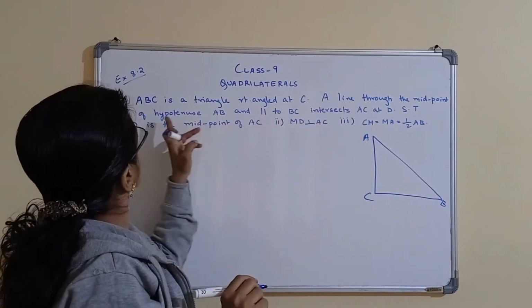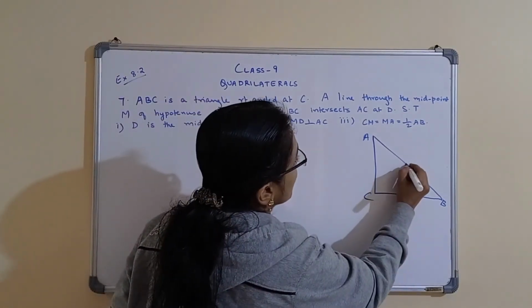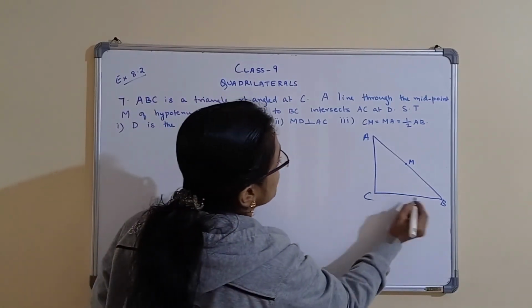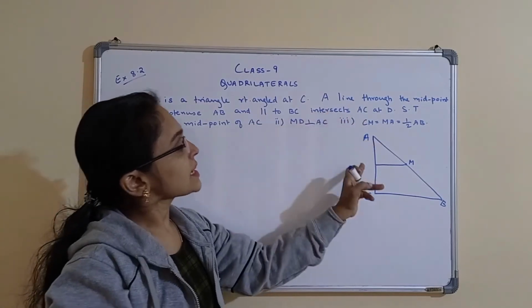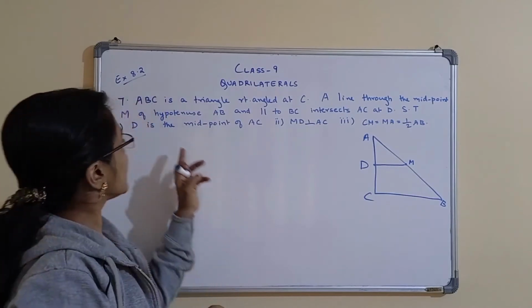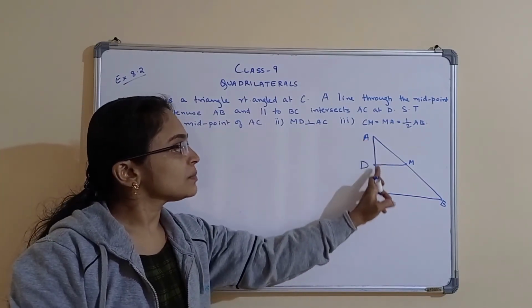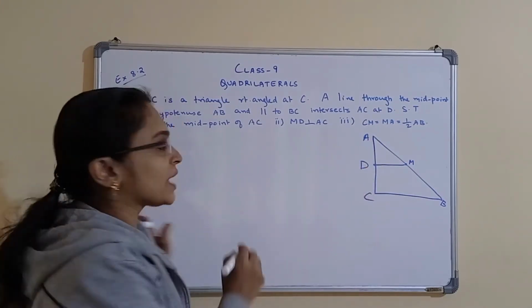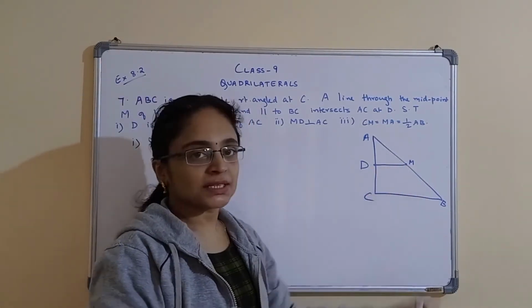Now a line through the midpoint M of hypotenuse AB, M is the midpoint of the hypotenuse AB, and parallel to BC. This is parallel to BC. Okay. Intersects AC at D. Show that D is the midpoint of AC. We have to show that this D is the midpoint of AC. This we can prove directly because given that MD is parallel to BC.